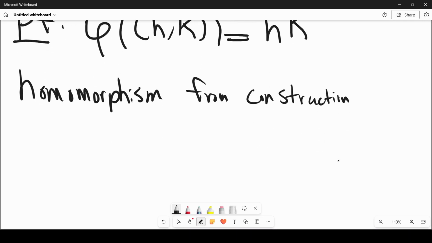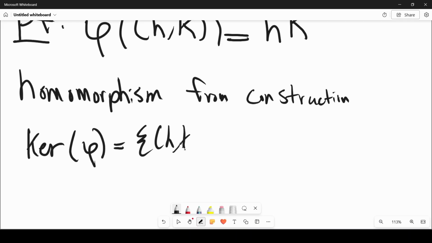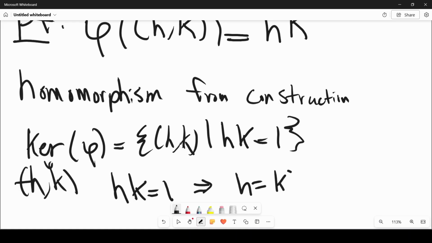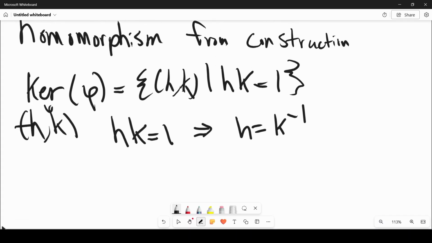Okay. So now we need to show that it's bijective. A homomorphism is injective if its kernel is trivial. So the kernel of φ is going to be those (h, k) such that hk equals 1. Well, if there's some hk in here, then hk equals 1. So h equals k inverse by multiplying on the right by k inverse.